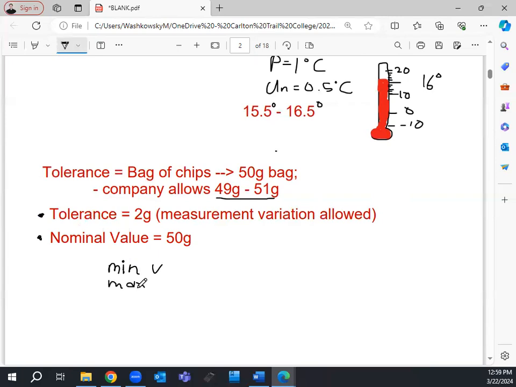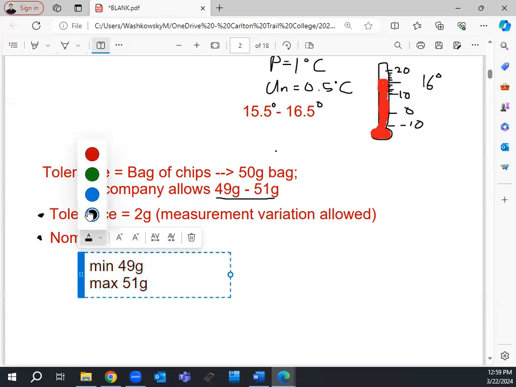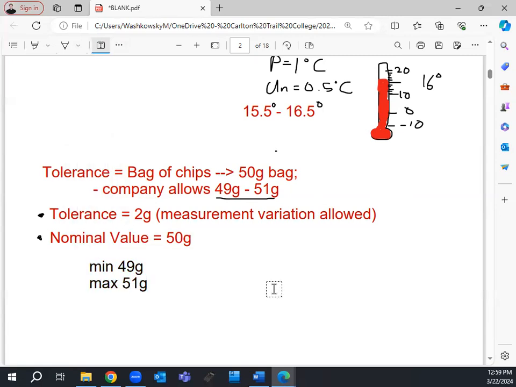So the minimum would be 49 grams. The maximum would be 51 grams. So the min is 49 grams. The max is 51 grams. Right? That's one way of doing it.